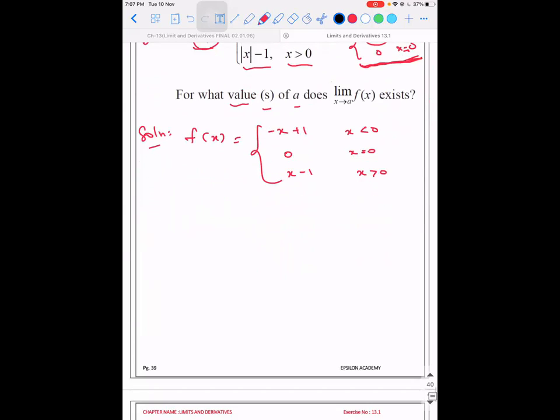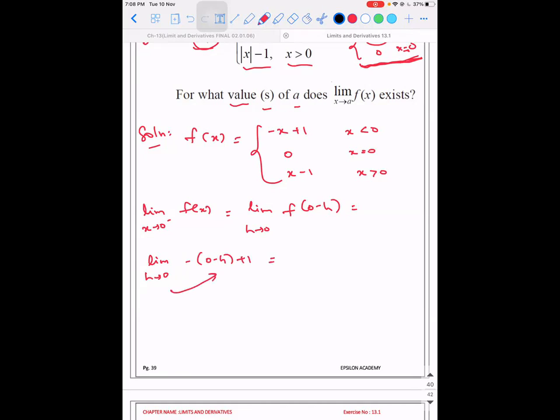Okay. Now I'm going to check limit x tends to 0 minus. What is limit x tends to 0 minus? That is limit h tends to 0, f of 0 minus h. Which function should I take? Minus x plus 1. Yes. So limit h tends to 0, in the place of x I will substitute: limit h tends to 0 of 0 minus h plus 1.